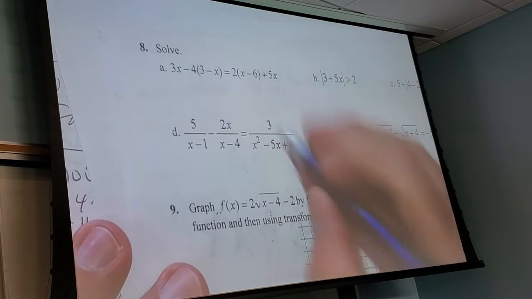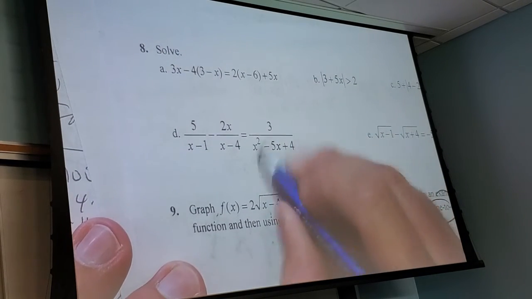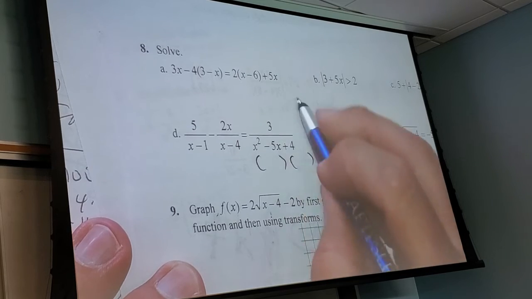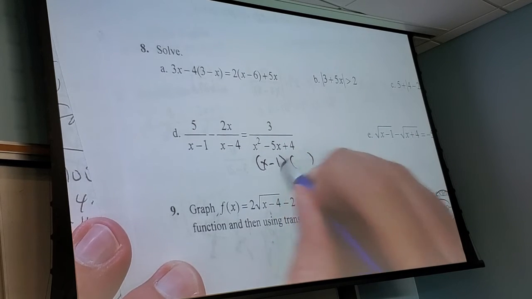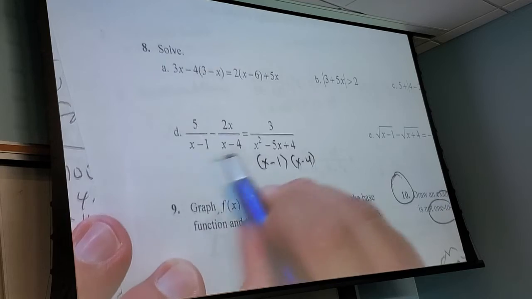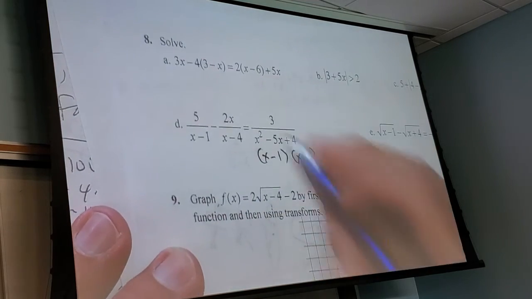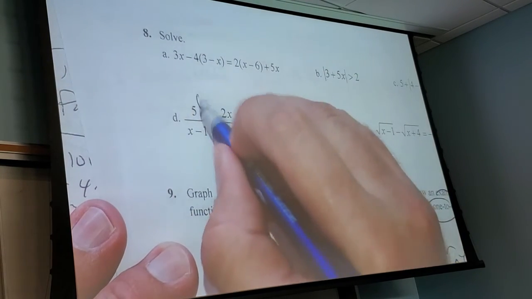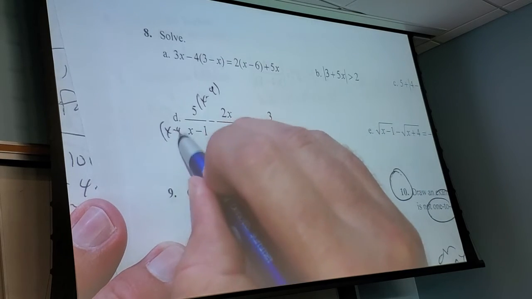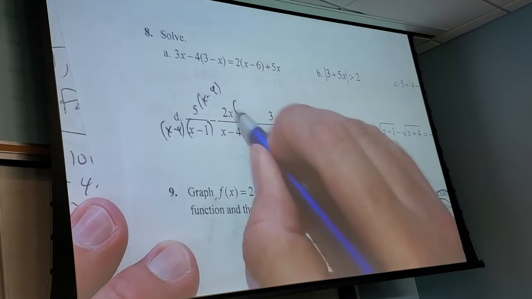What I show students is, how do you factor this guy right here? Isn't that exactly what these are? Yes. So what's the first guy missing? x minus... What's the second guy missing? x minus 1.